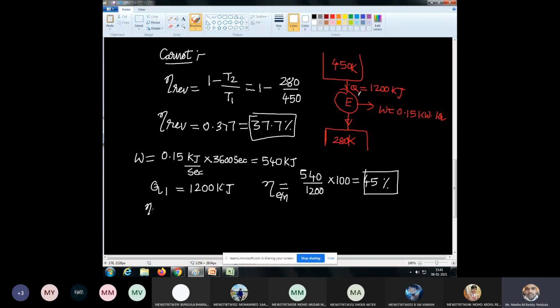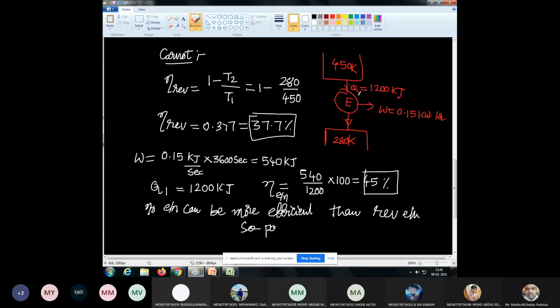No engine can be more efficient than a reversible engine, so the patent can't be issued. That is the statement you need to write. Clear? This is the first problem.